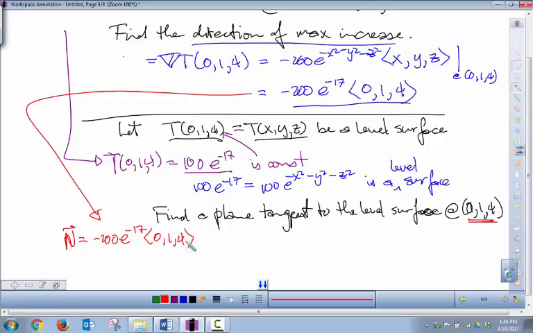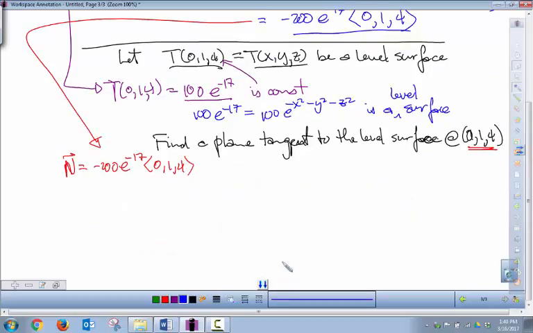So if we want to find the equation of the plane, it's just going to be this thing dotted with this thing. You don't need to do this. All you need is anything that's parallel to this, so I can take that constant out in front.